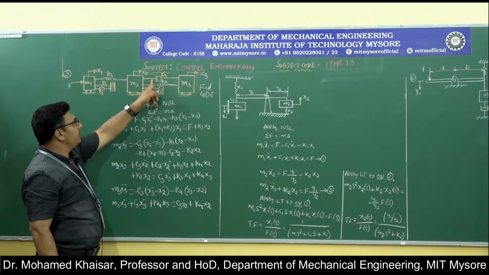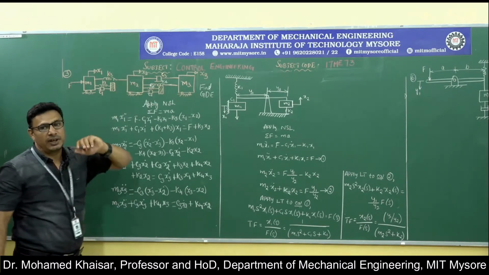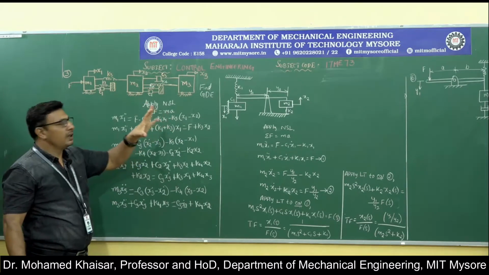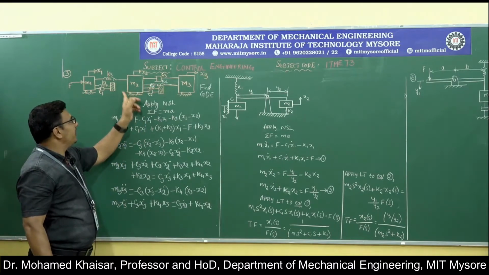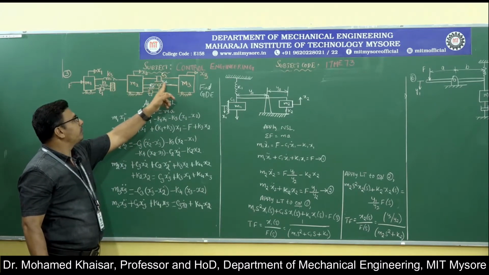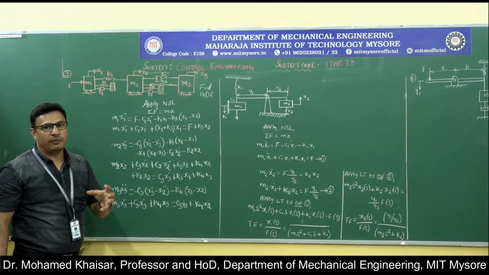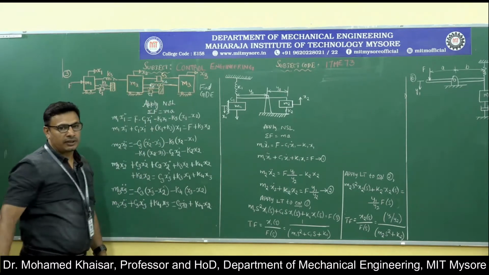All these five members are connected to the mass m2 to resist the displacement of x2. So all the five members, K3, C2, K2, K4 and C3, will be offering resisting forces in the direction opposite to that of the displacement x2.